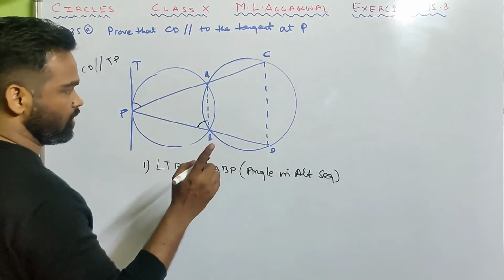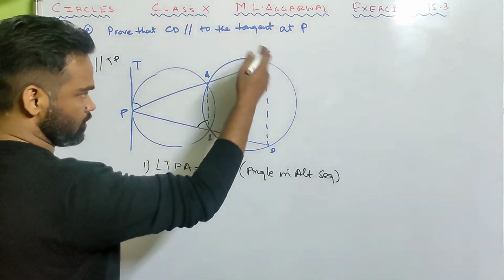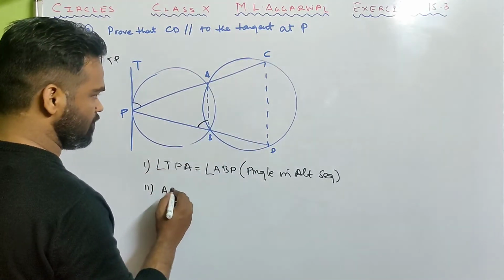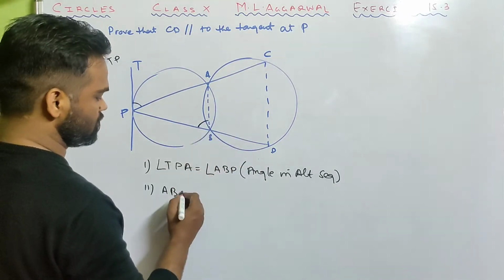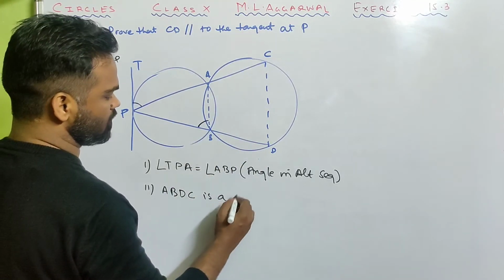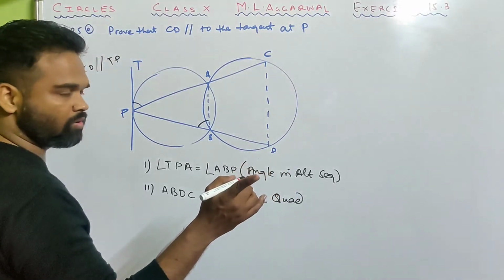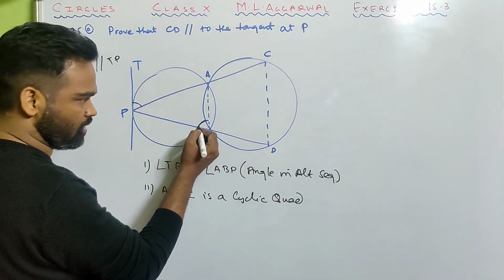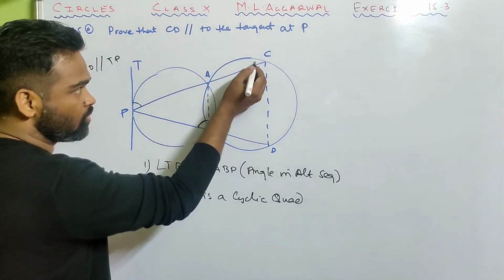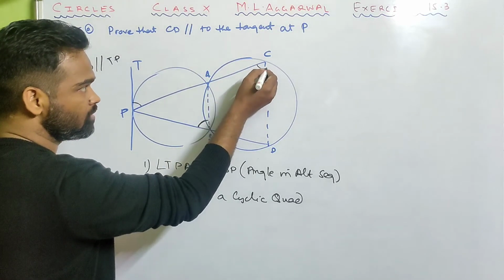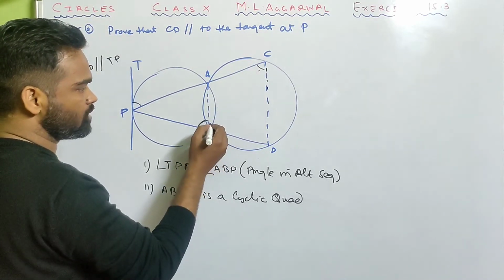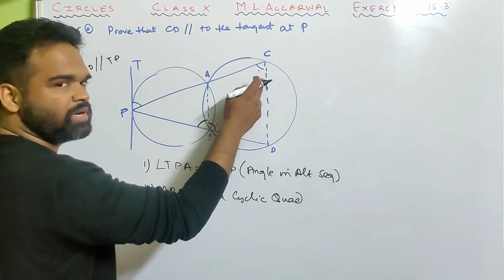Try to understand. Done. Now look carefully. Look at the bigger circle. ABDC is a cyclic quadrilateral. And in a cyclic quadrilateral, the exterior angle is equal to the opposite interior angle. Because this angle and this angle are supplementary.